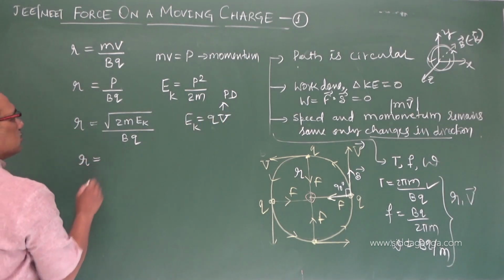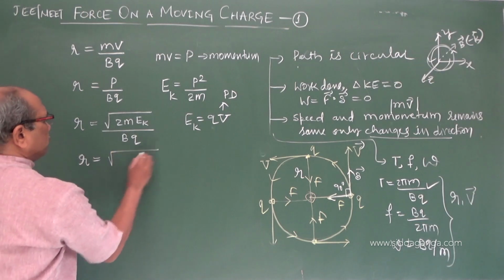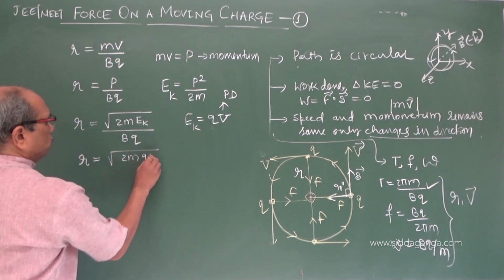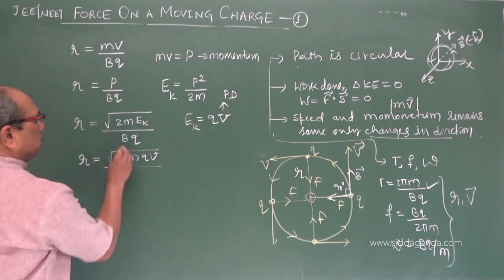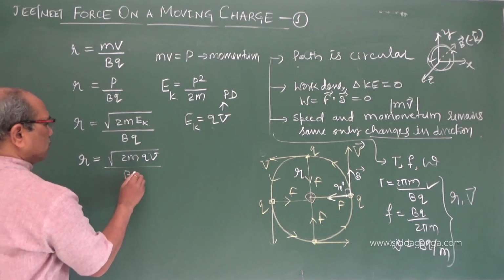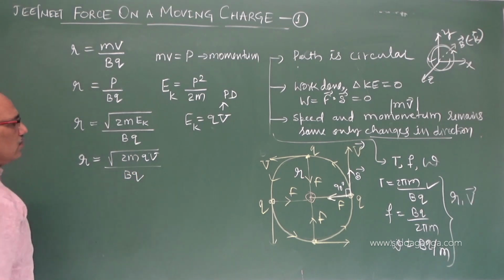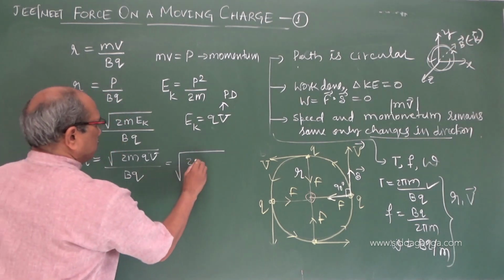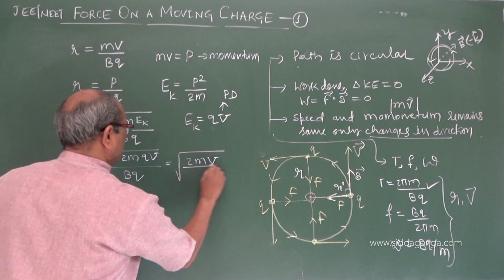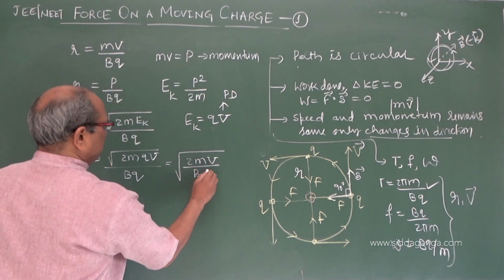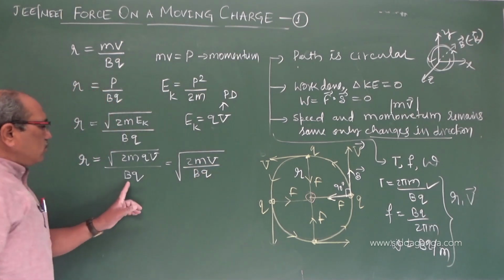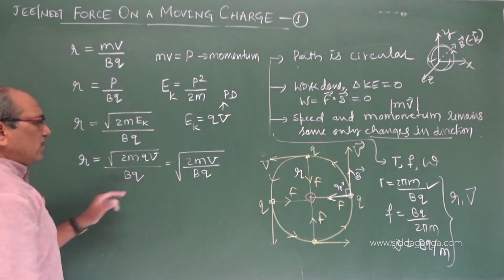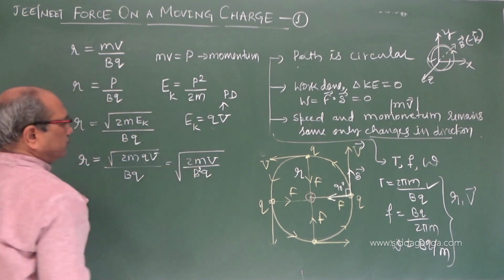Then the radius is given by root of 2mqV divided by Bq. If I take everything inside the root, the q becomes q square, giving root of 2mV upon q B square.